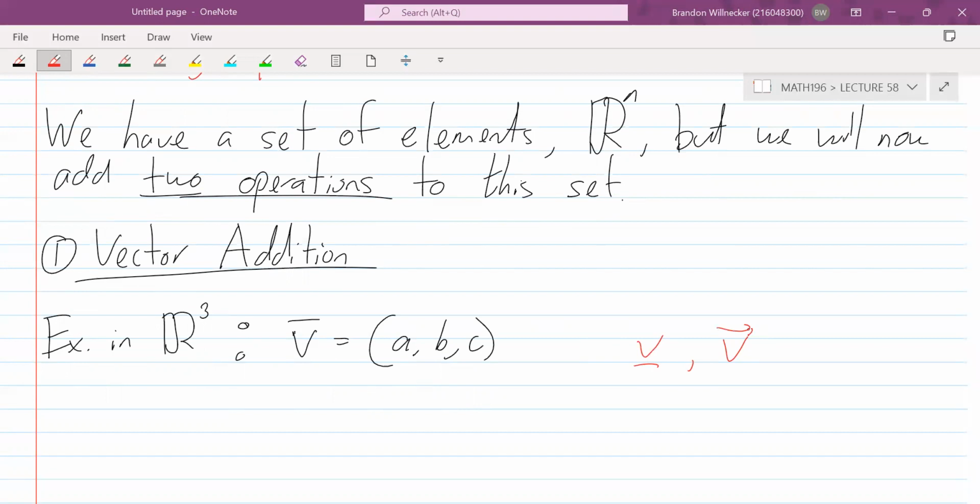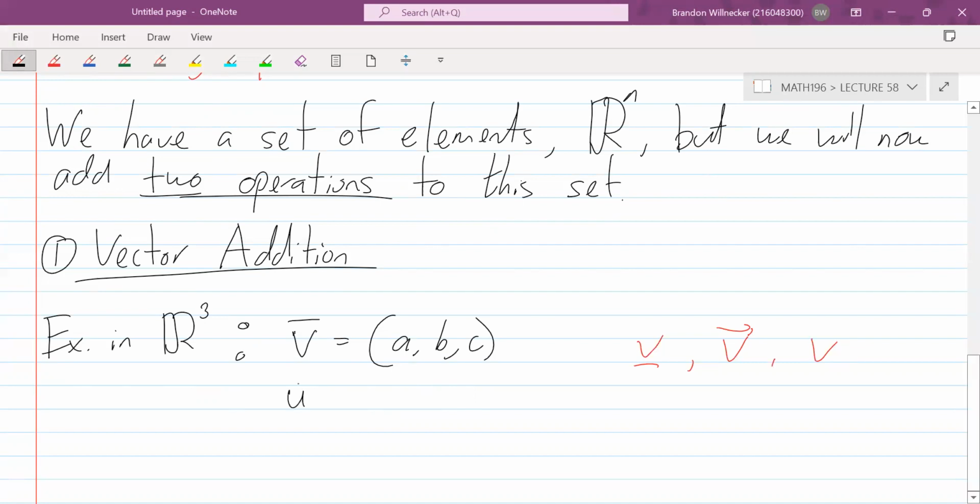That's all just notation for the same thing, so they all mean this element here.